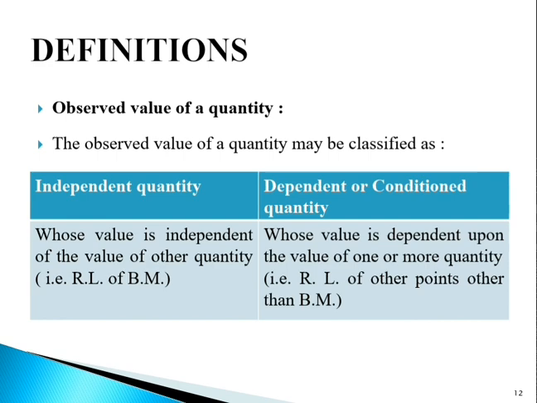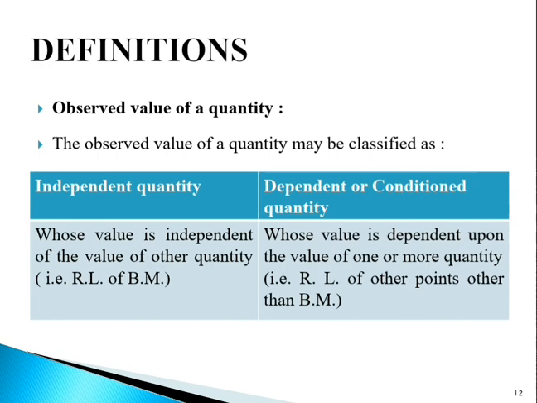If the value of an observed quantity is dependent upon the values of other quantities, it is known as a dependent or conditioned quantity. For example, the angles A, B and C in a plane triangle are conditioned quantities since they are related by the condition equation A plus B plus C is equal to 180 degree.